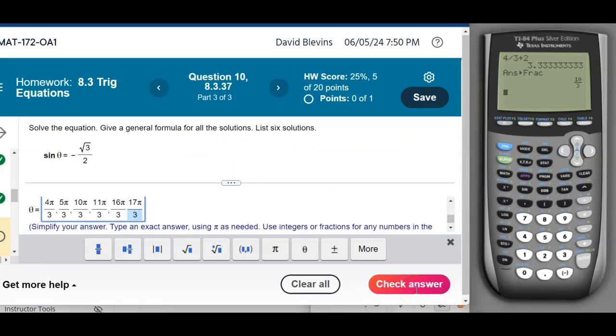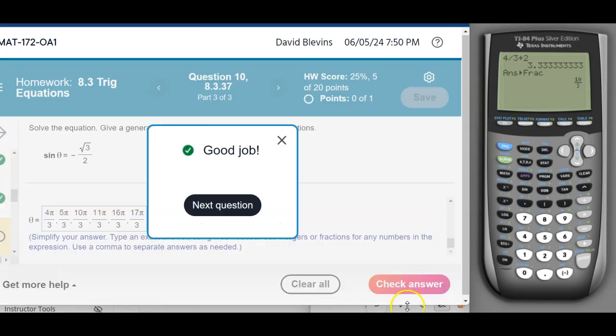So there they all are typed in there. Oops, and do make sure that you put a comma. I forgot to put a comma between these. It would have counted it wrong if I hadn't had that comma in there. So that is a way that you can do it. You could do this all with the calculator, just adding 2. Just remember to stick the pi's back in the numerator if you need help with the calculator with that.